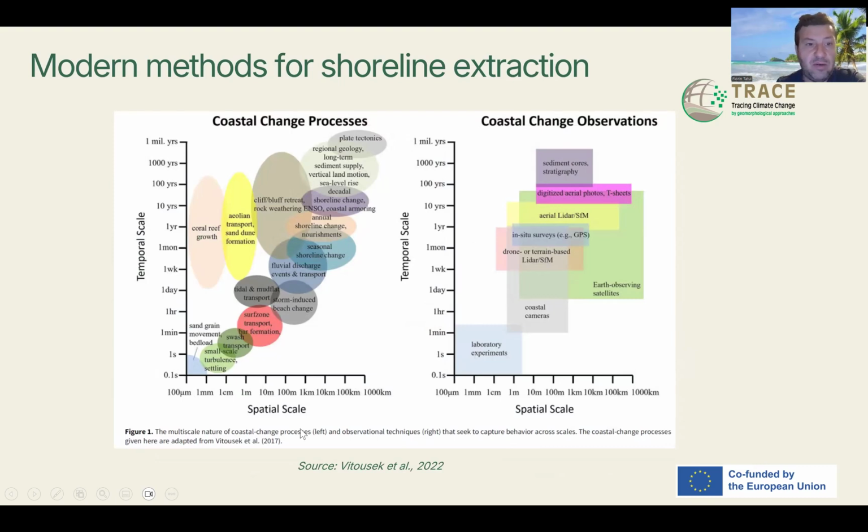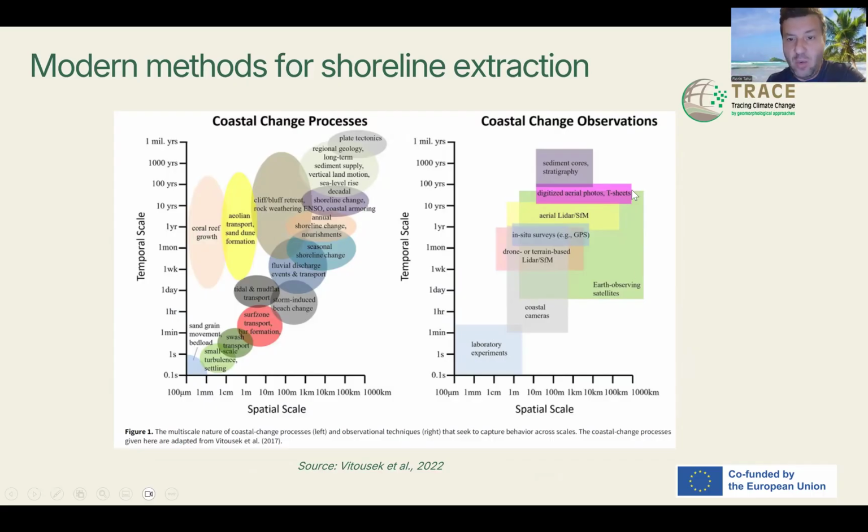Here we can see each of these methods, what temporal and spatial scales they are covering, and I will focus only on the Earth observing satellites. We can see here in this green square that the Earth observing satellites help us to cover the highest spatial scales and also the highest temporal scales.